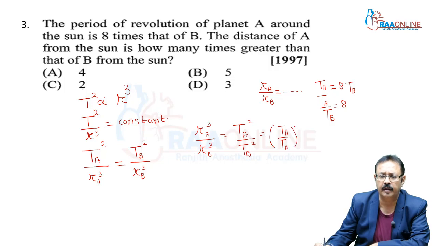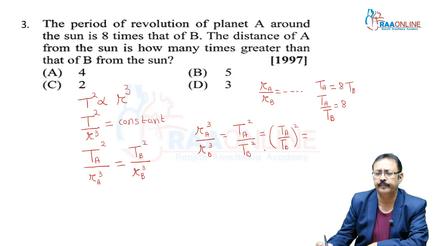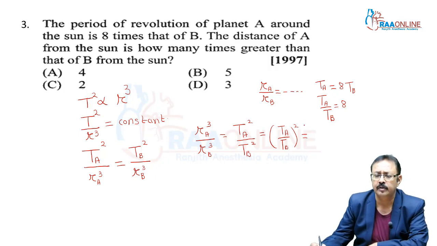What is TA by TB? It is 8. So 8 square means 64.